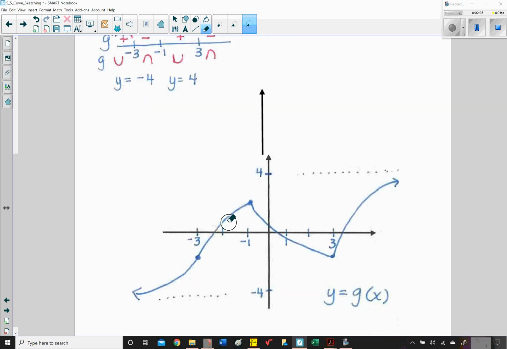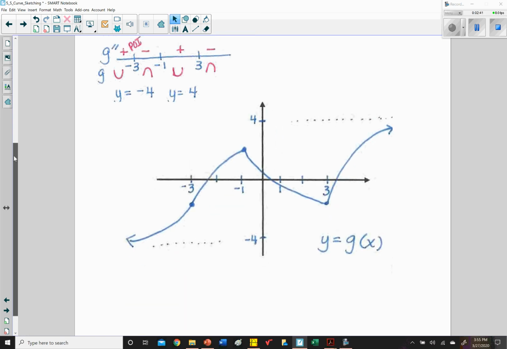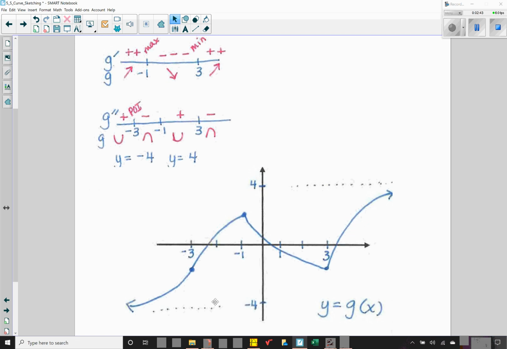Okay, if you did pause the video, this is the type of graph that you would end up with based on all of those givens. We've got a horizontal asymptote at negative 4, one at positive 4.